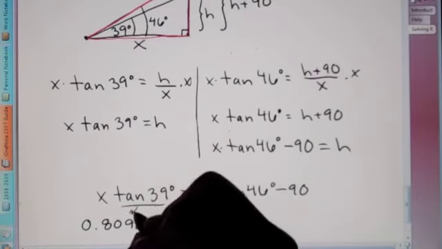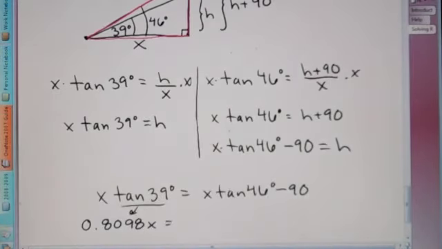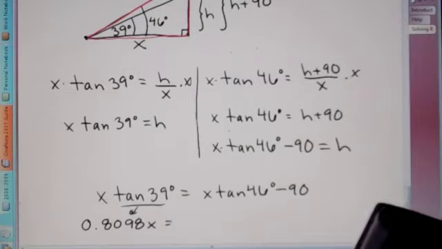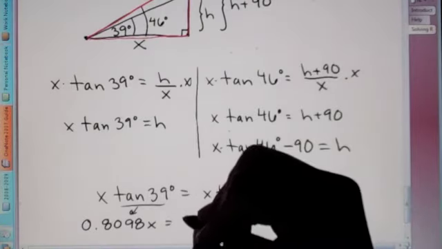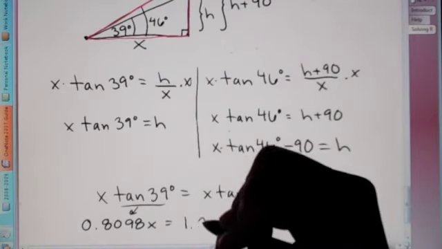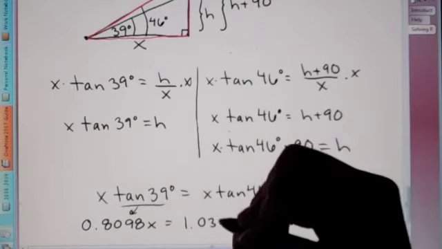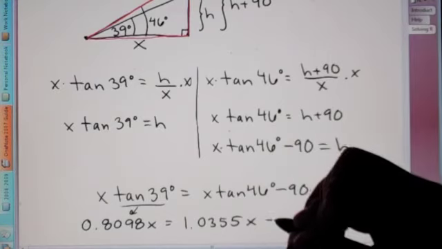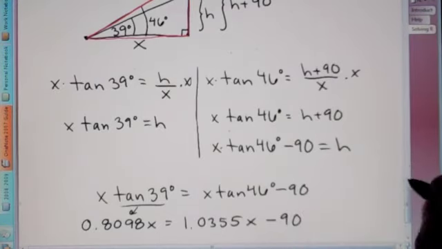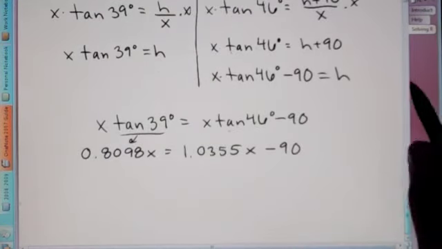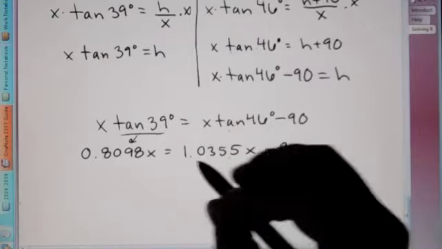So tangent of 39 degrees is equal to that. Tangent of 46 degrees is going to give us 1.0355x minus 90.